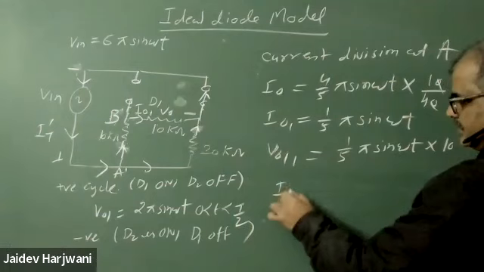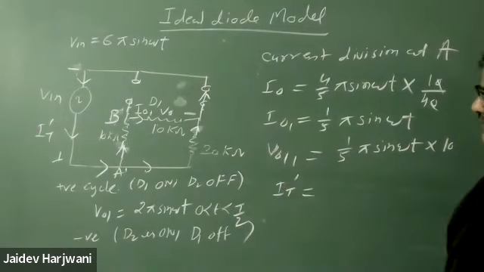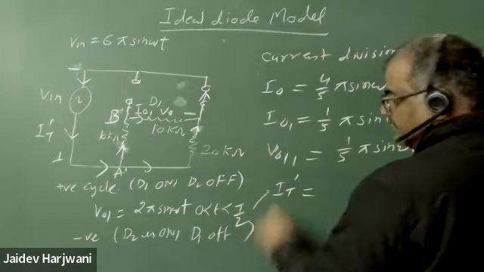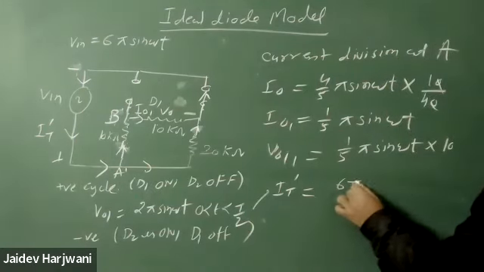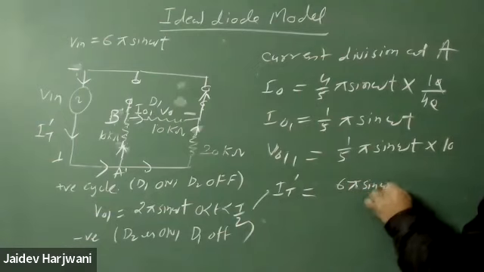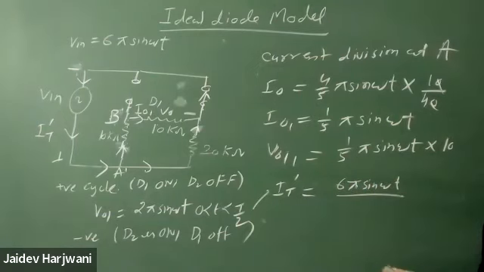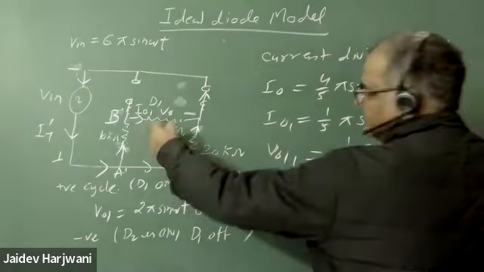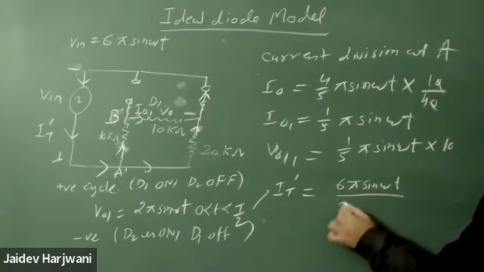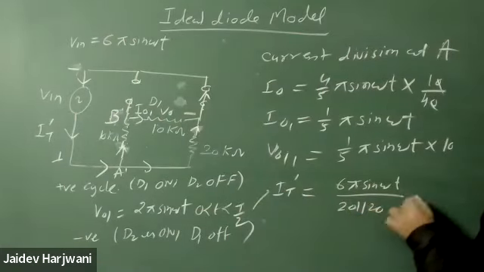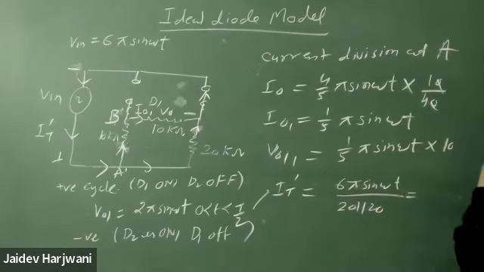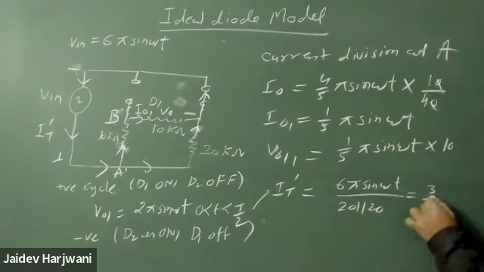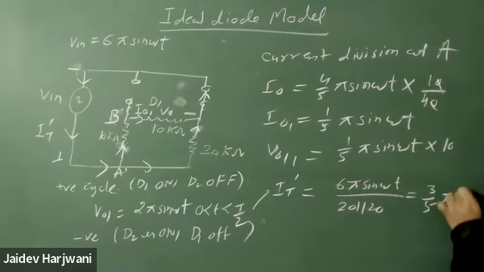So I T dash is the total current. Second case, in the negative cycle, again you have the value 6 pi sine omega t, and resistance this time is how much? 10. These are the series 10, so 20 parallel to 20, this you have 10. So 6 by 10 means 3 by 5, 3 by 5 pi sine omega t.